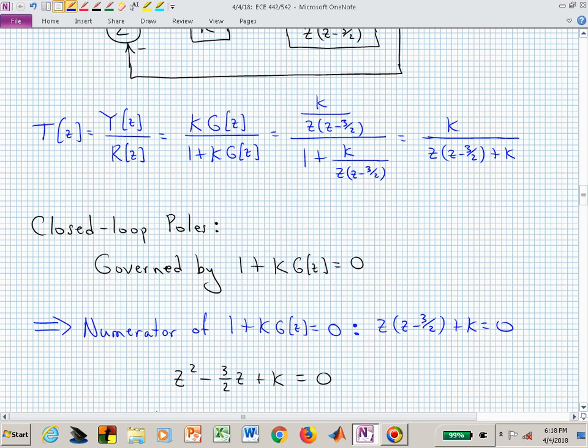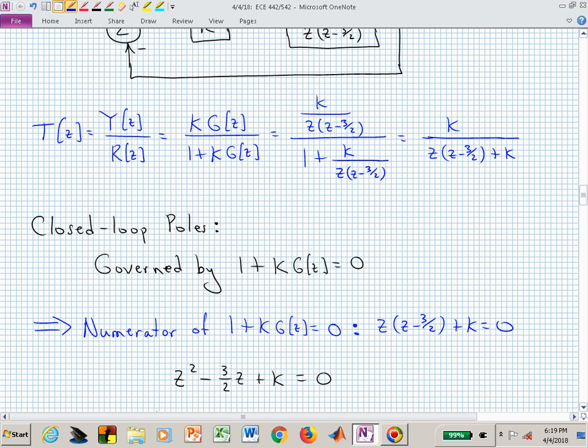So we want to know, as I adjust K, that's my gain, that's a knob, you can think of that as a knob. I'm turning that knob from 0 to infinity. And as I turn that, I want to find out what the values of Z are that cause that to vanish. So do you see I have an infinite number of roots to this second order equation? It all depends on the value of K. Whatever I pick for K is going to influence the values of Z that cause that to vanish.